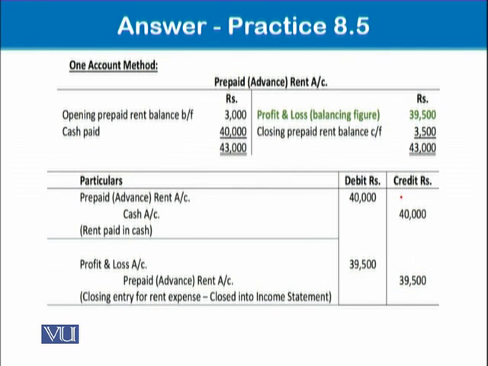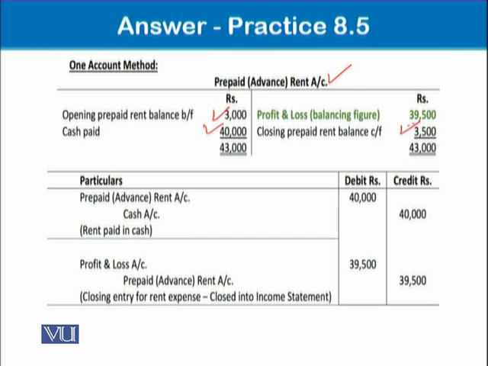Let's see how it is worked out under the one account method. We prepare only one account, the prepaid advance rent account, and we put payment of cash on the debit side. Its opening balance of rent paid in advance is also put on the debit side.